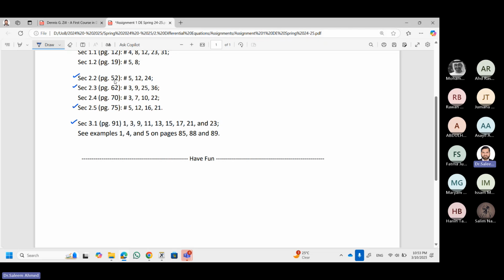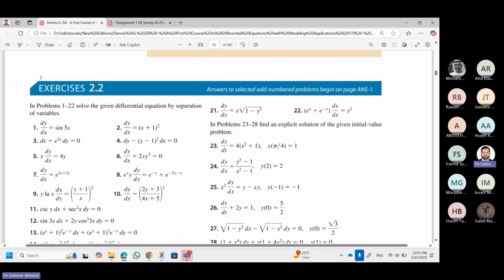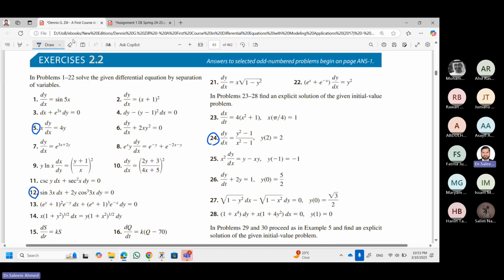If you go to 5, 12, and 24, these are separable equations.